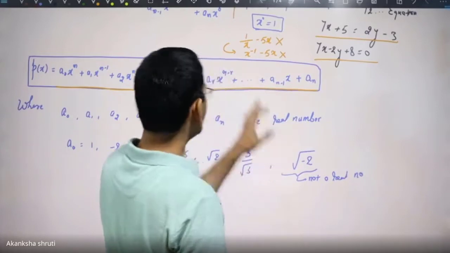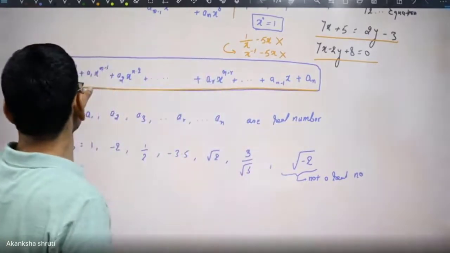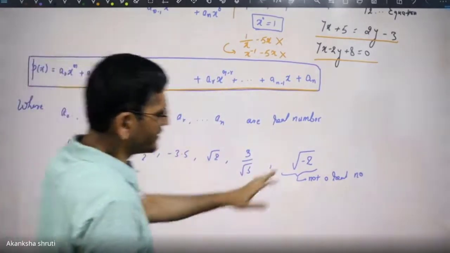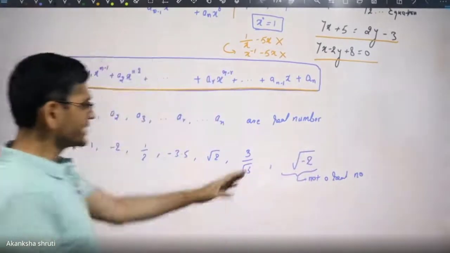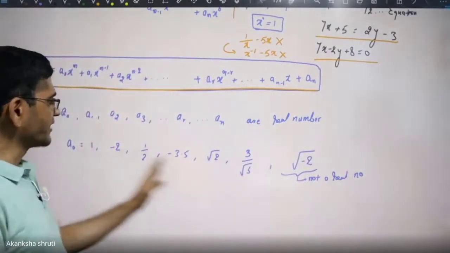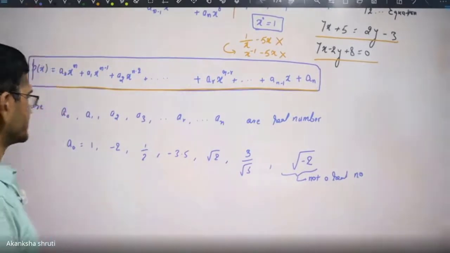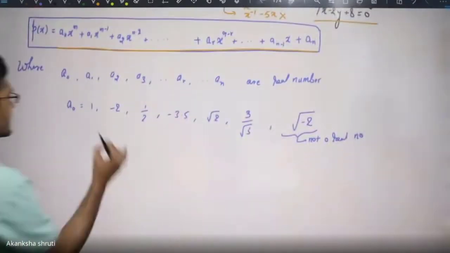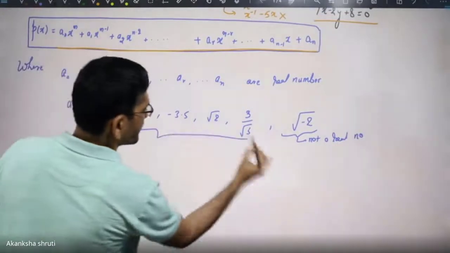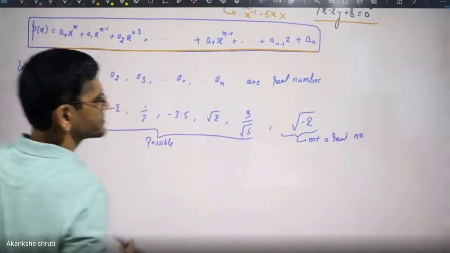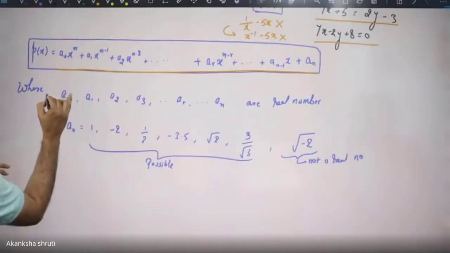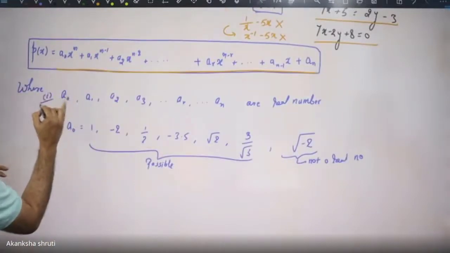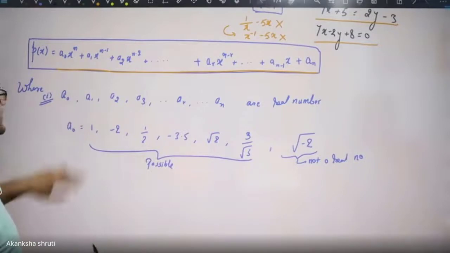Means these coefficients, or multiples of x, cannot have a negative root. It can have any real values like this. So these are possible, but such a number is not possible. So the first condition is this one. Very important condition to identify.